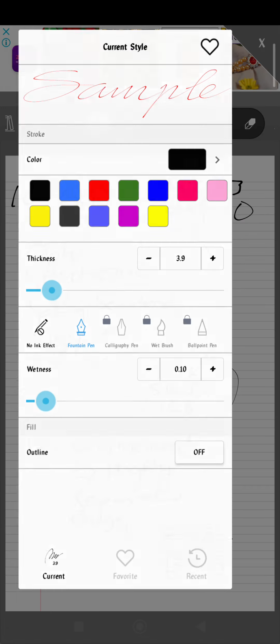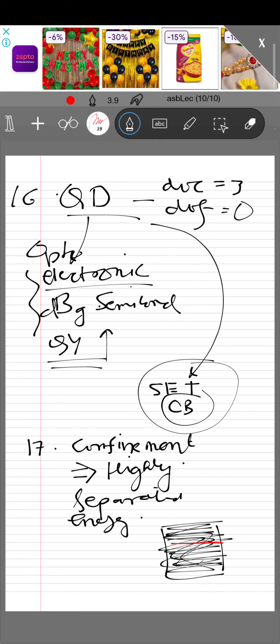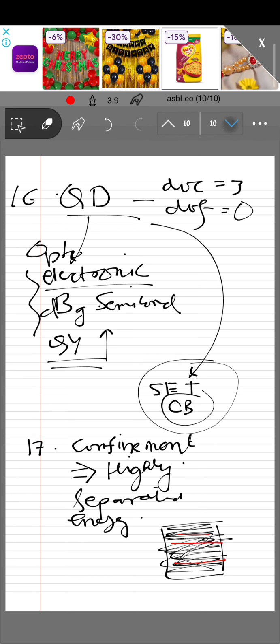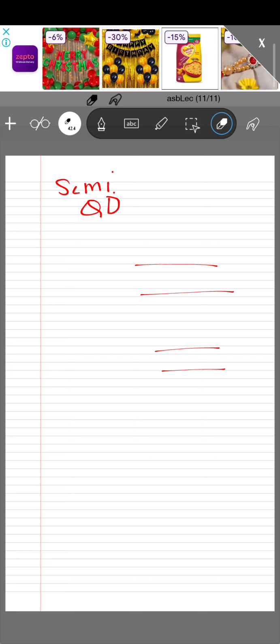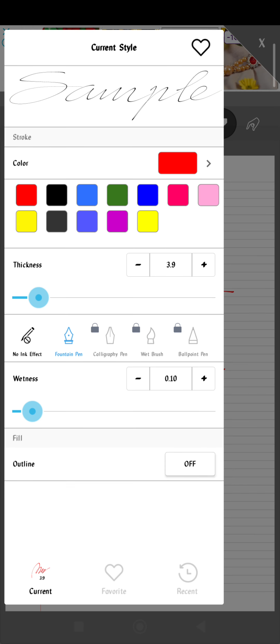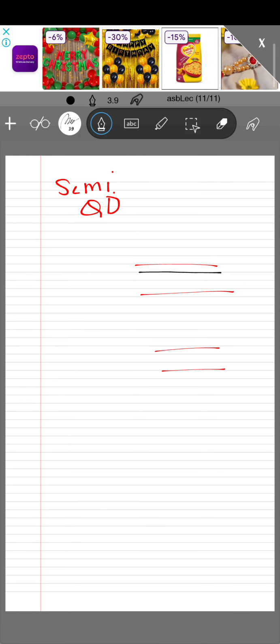Like in a semiconductor quantum dot, the valence band and the conduction band energies are discretized. So the conduction band will have discrete energy levels and the valence band will have discrete energy levels too.